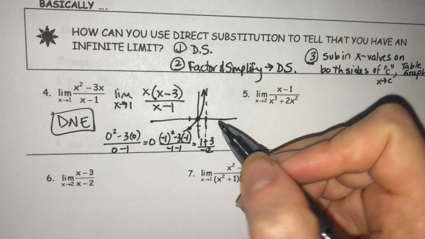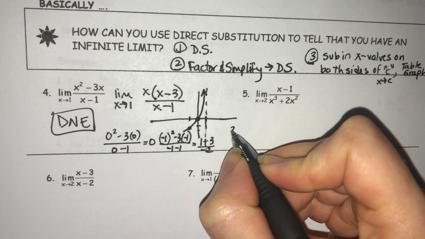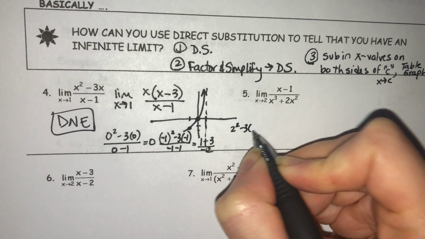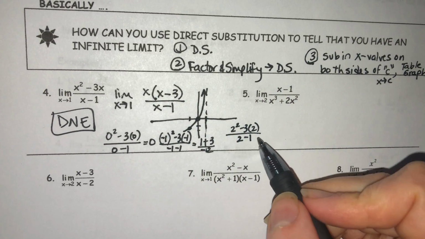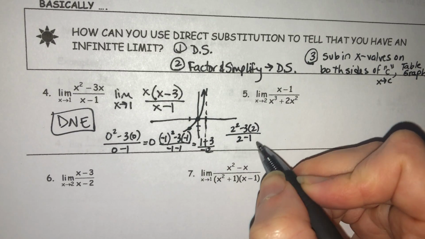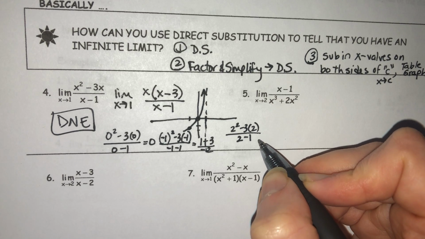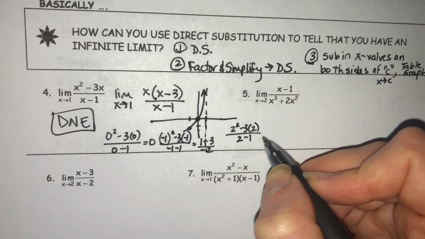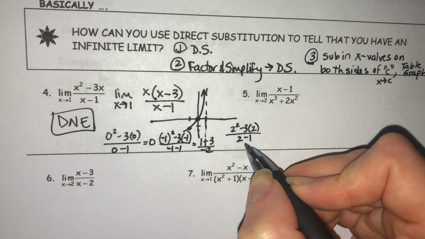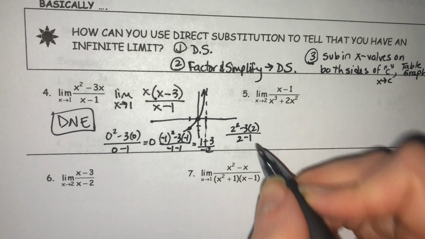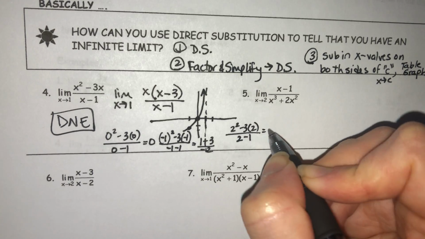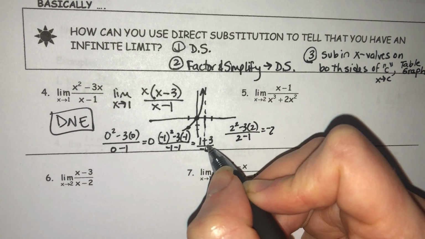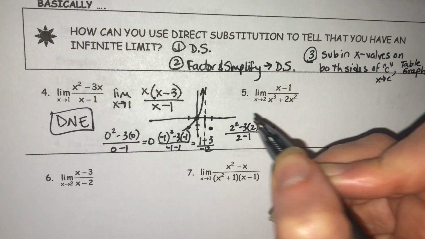How about 2? 2 squared minus 3 times 2 divided by 2 minus 1. 4 minus 6 is -2 divided by 1. That's just -2. Oh wait, no. 2 minus 1. Yeah, -2. So 2, -2, right down here.